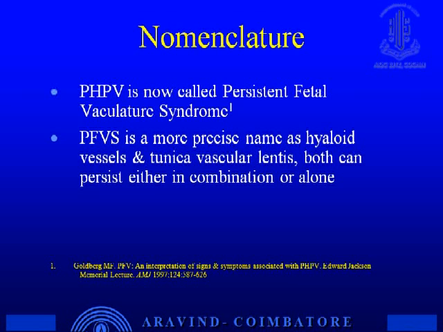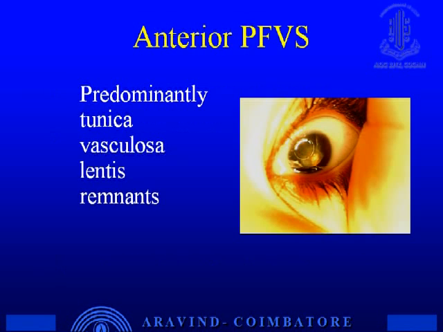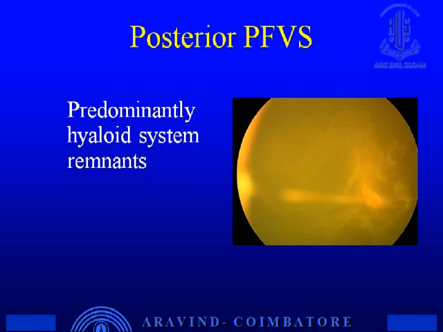Right now, it is called persistent fetal vasculature syndrome because it's a more precise name, as hyaloid vessels and tunica vasculosa lentis both can persist either in combination or alone. It's further divided into anterior and posterior. Anterior is predominantly tunica vasculosa lentis remnant, and posterior is predominantly hyaloid system remnant.